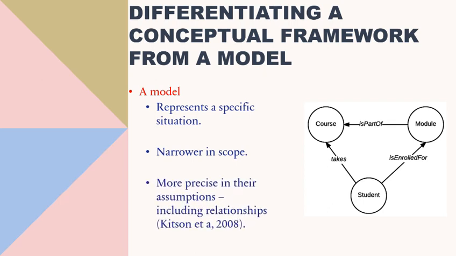And also, a model is much more precise in the assumptions and the relationships, whereas a conceptual framework and a theoretical framework are much more generalist in nature, in that they are not very specific in terms of assumptions.